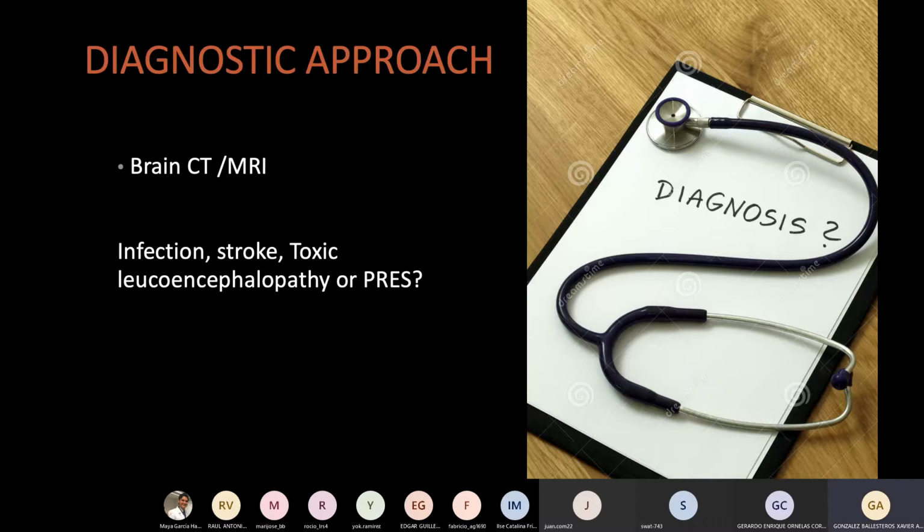So the clinical findings in this patient were not specific enough to establish an accurate diagnosis, and because of the history and clinical findings, the infectious, metabolic, toxic, and vascular diseases must be excluded. So the medical team in charge requests a brain CT or MRI.